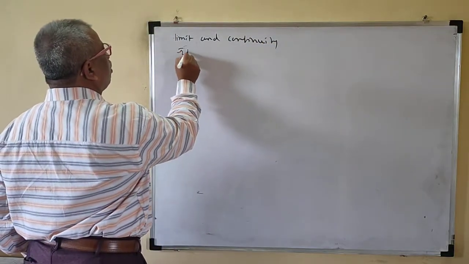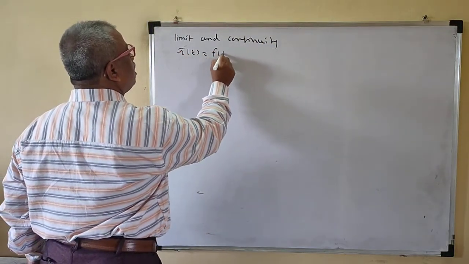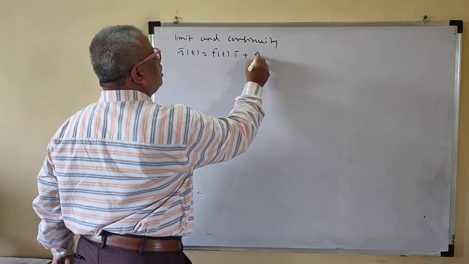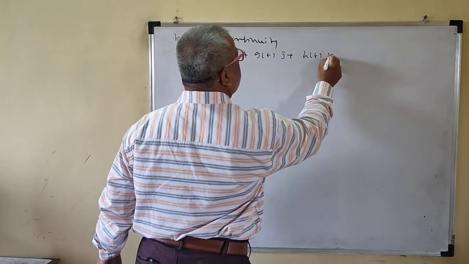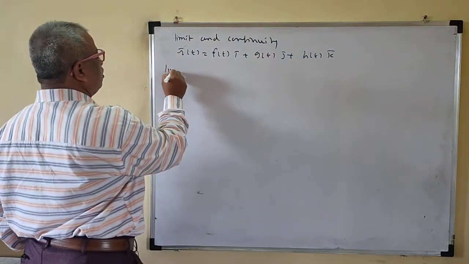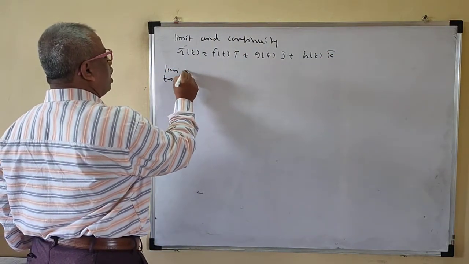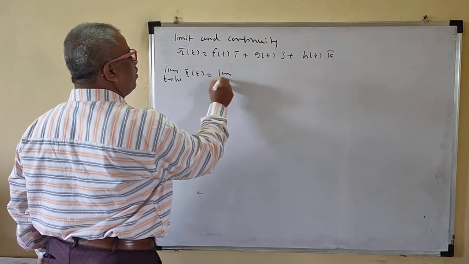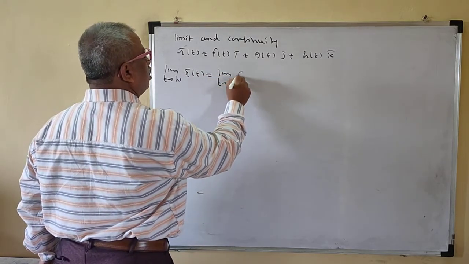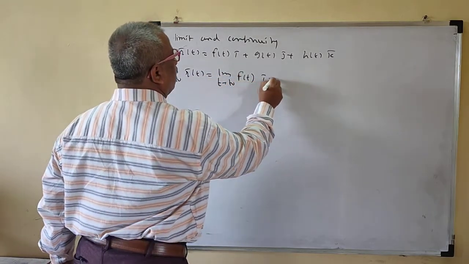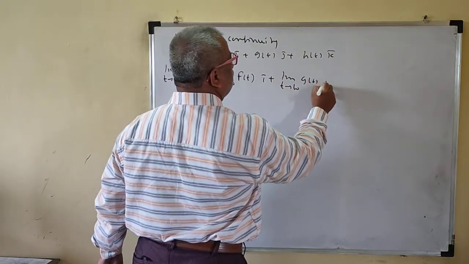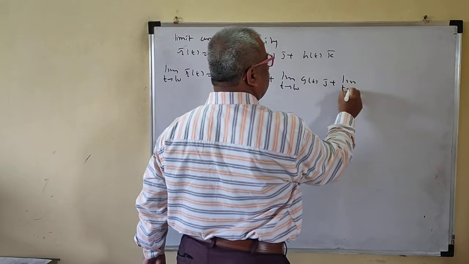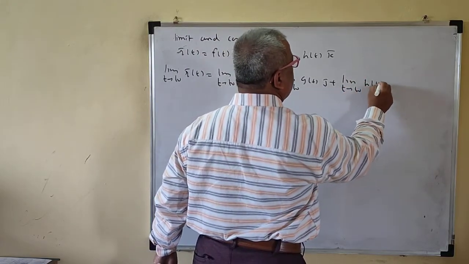Suppose r bar of t is equal to f of t i bar plus g of t j bar plus h of t k bar. Then limit t tends to t naught of r bar of t is equal to limit t tends to t naught of f of t i bar plus limit t tends to t naught of g of t j bar plus limit t tends to t naught of h of t k bar.